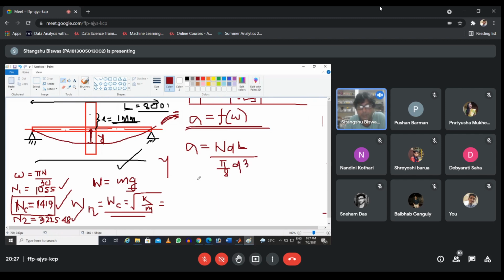You find out here the expression of W D. That is pi by 8 d cube into sigma by L. This is your W D. Now what is your y D? y D is equal to W D L cube divided by 48 E I. Now replace this value of W D here, so you will get y D in terms of sigma. What is the expression that you get?